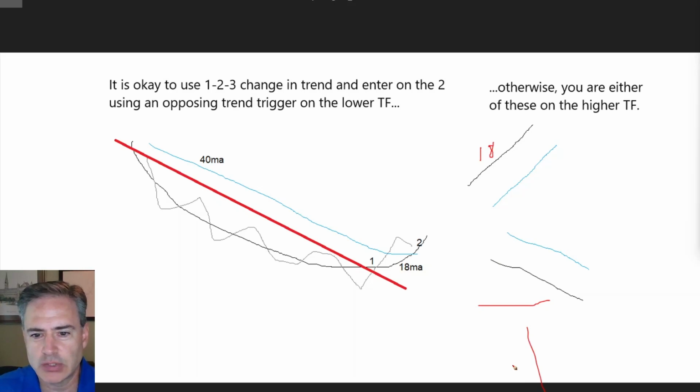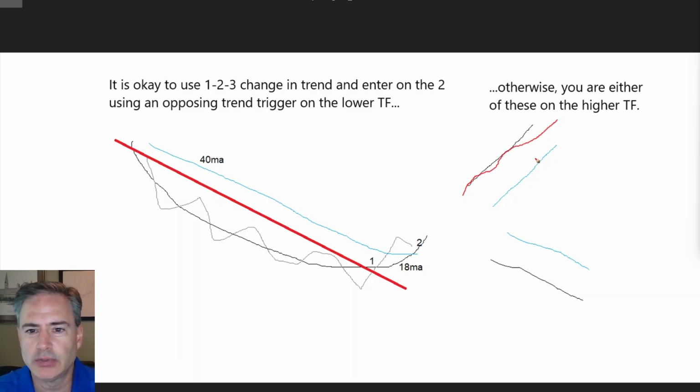If we're going up, it's not vertical, and it's not losing slope and working sideways. If you have something that's got a pretty good slope to it like that, then you can play pullbacks with it. Again, you can go back and watch that video to get that method in place.